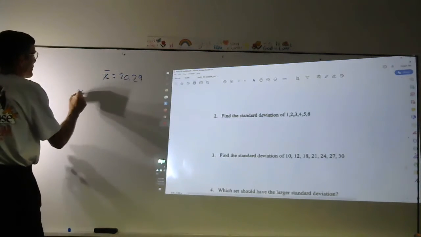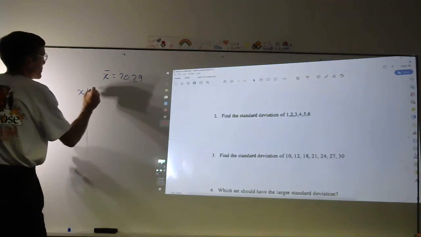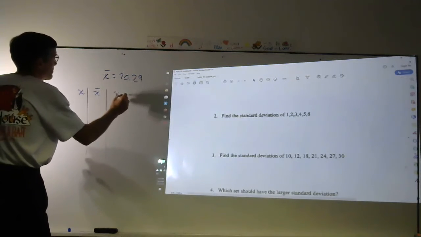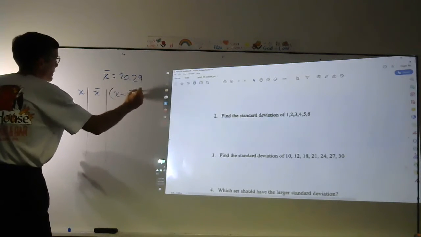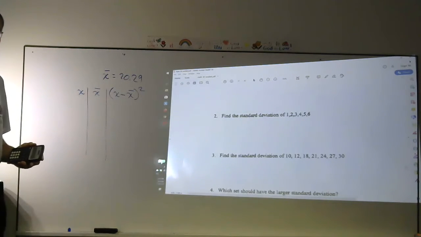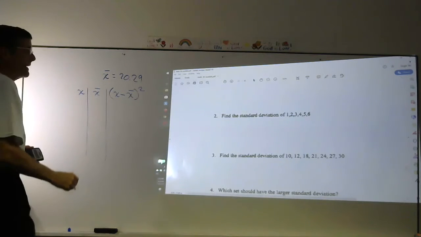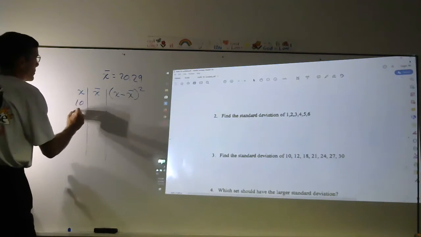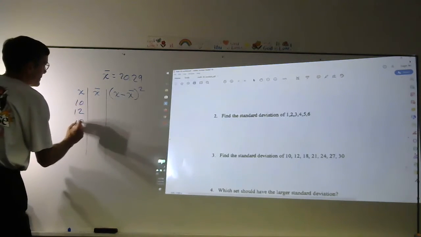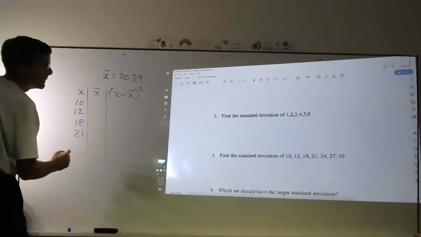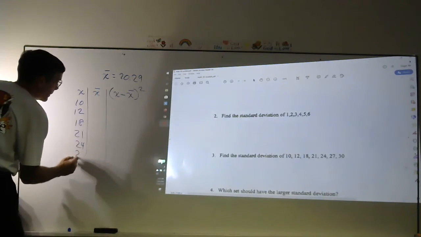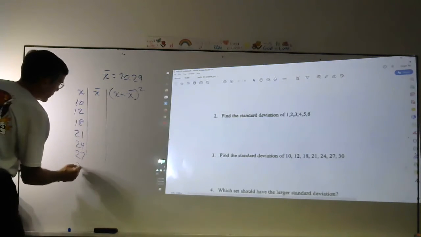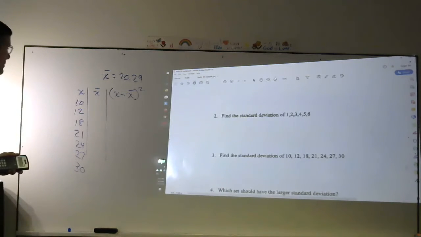All right, so I have the X column, the X bar, the X minus X bar squared. Okay, so here I go. My data column is 10, 12, 18, 21, 24, 27, and 30. Are there 7 of those? Yeah.